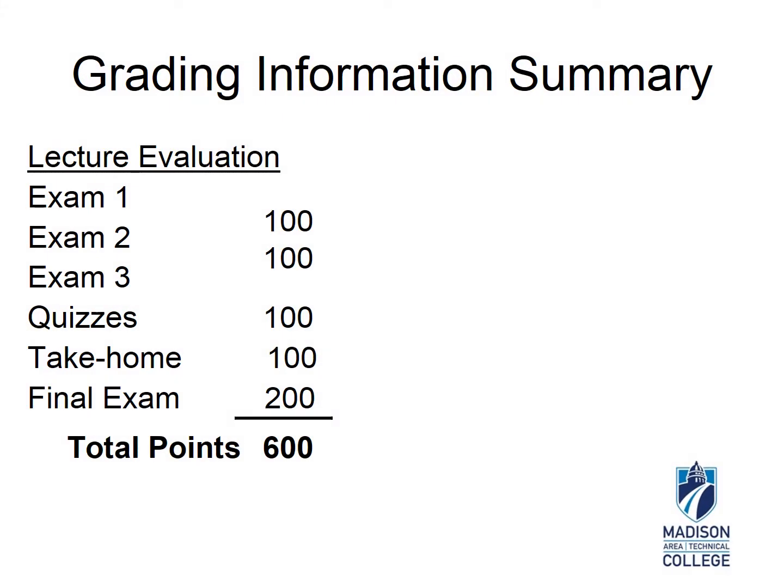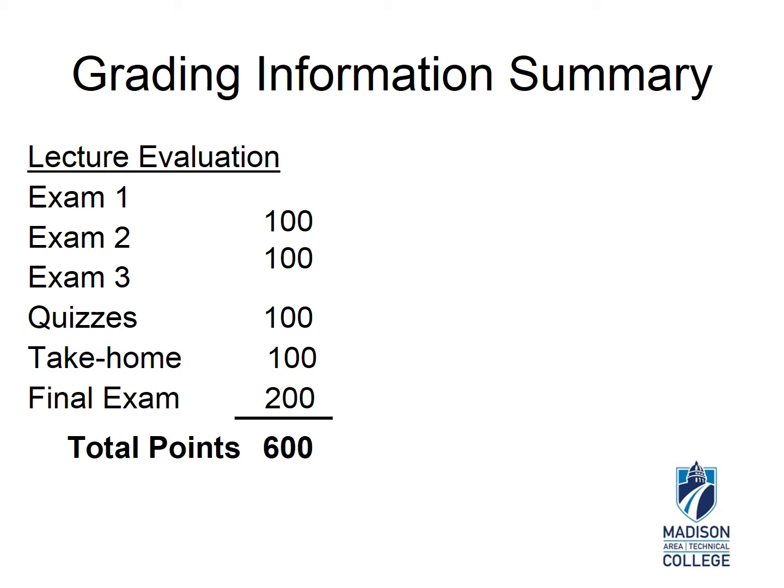So in summary, the lecture portion of the course is responsible for 60% of your grade. You will have 3 exams. I will drop the lowest exam, so 200 points will come from your 3 in-class exams. You will have various quizzes throughout the semester and lecture.